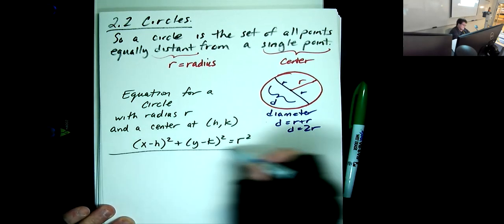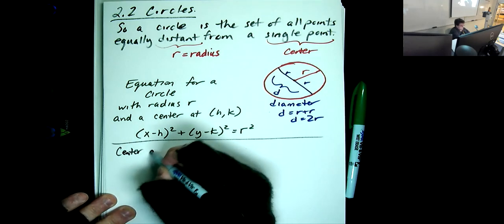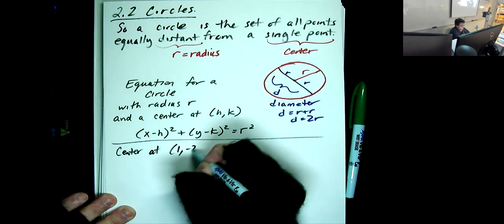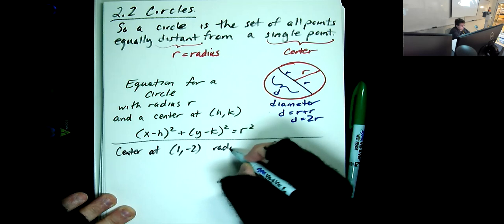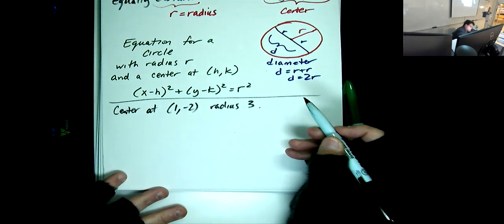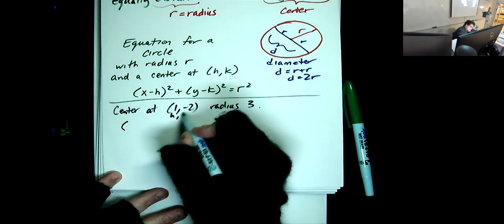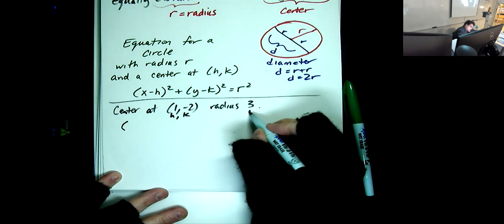So if I have a center at (1, -2) and a radius of 3, this is my h and this is my k. That's my r.